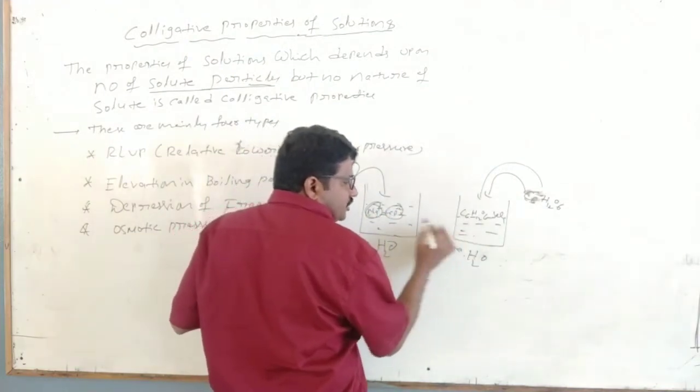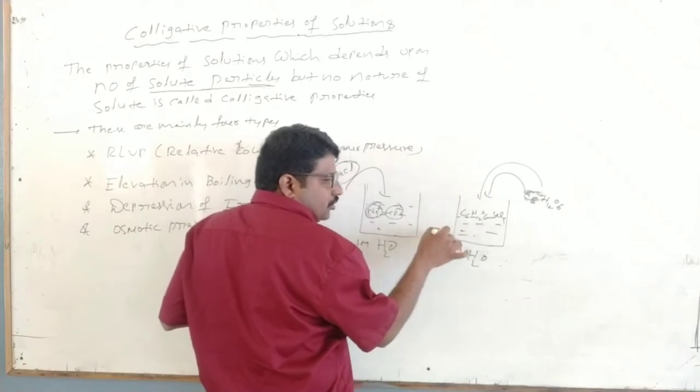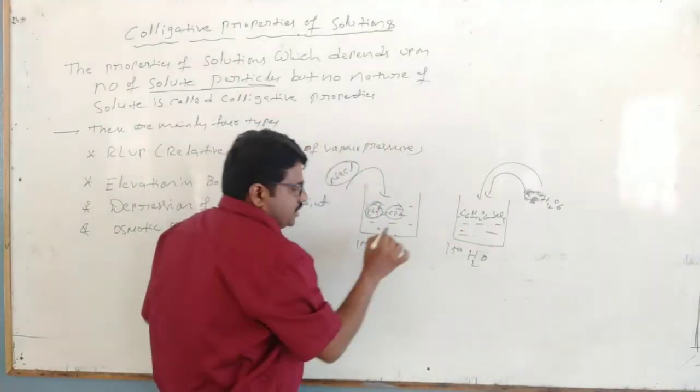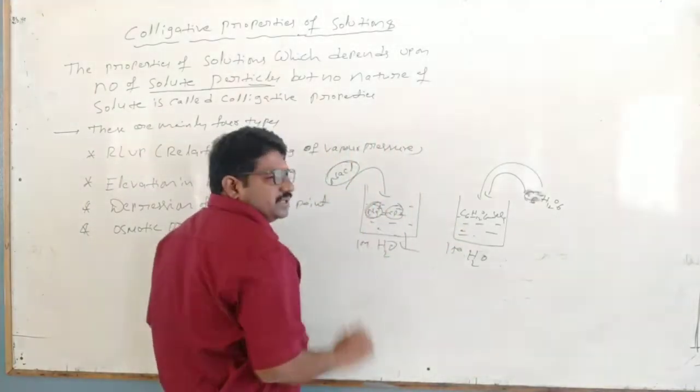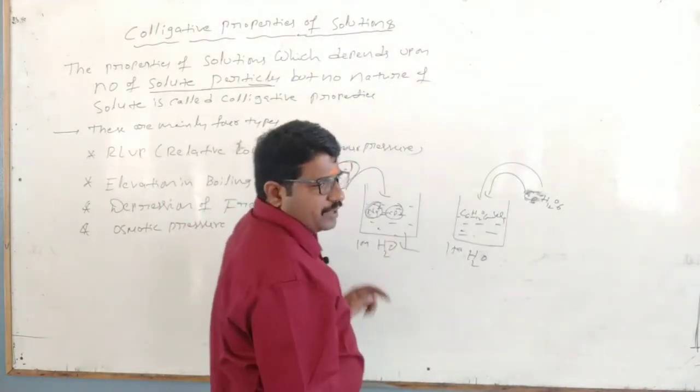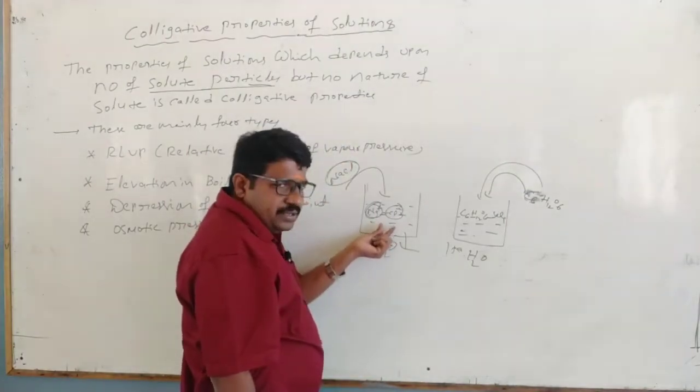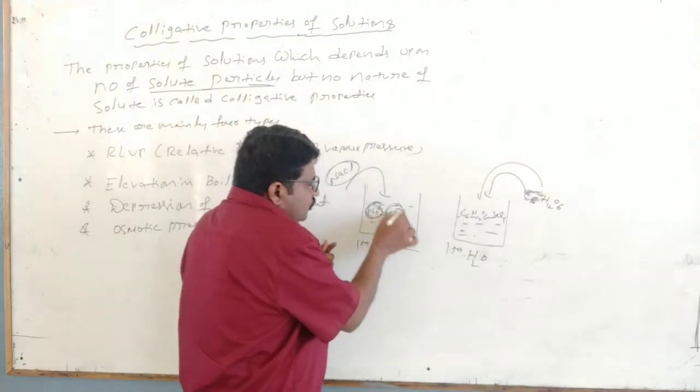When comparing these two, the NaCl solution follows the colligative property because it depends upon the number of solute particles.